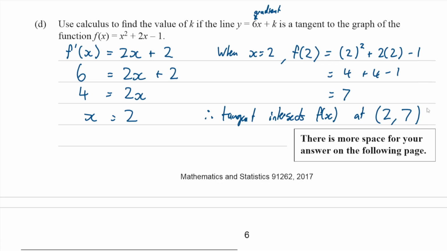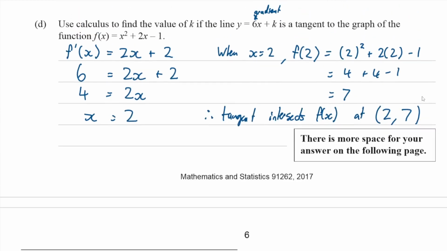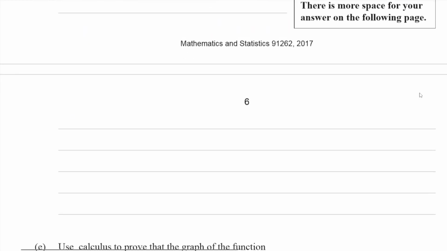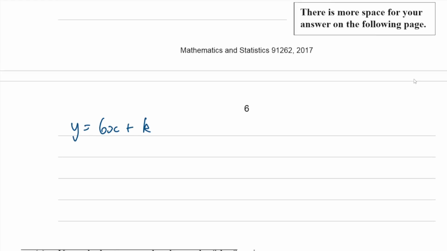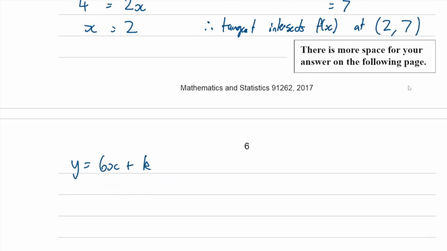Okay, so where to from here? Oh, thank goodness we have extra space on the following page. So, equation of the tangent, let's just write that down here, 6x plus k. We know that this tangent line must go through this x value and this y value.